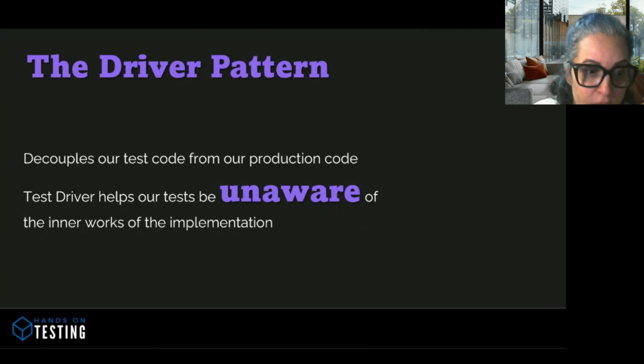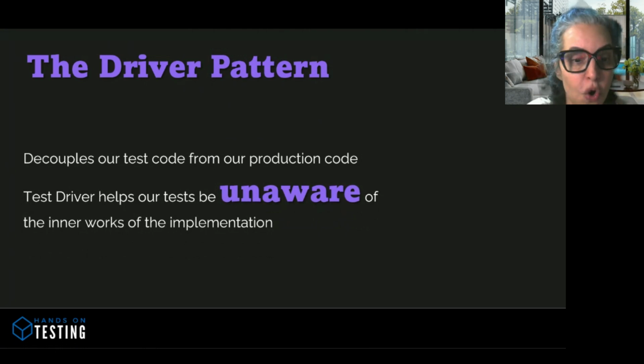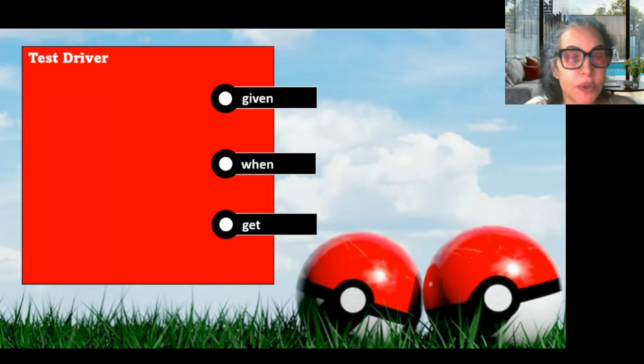If you recall the first pitfall we went over at the beginning, all we have to do is change the login method in the driver and all the tests will be green again. I will show it at the end of this talk. So every driver exposes 3 public properties: given, when, and get. The given property, just like helper, holds methods which will allow us to set the preconditions before something takes place.